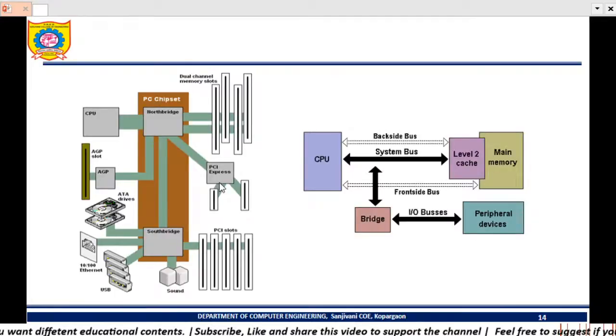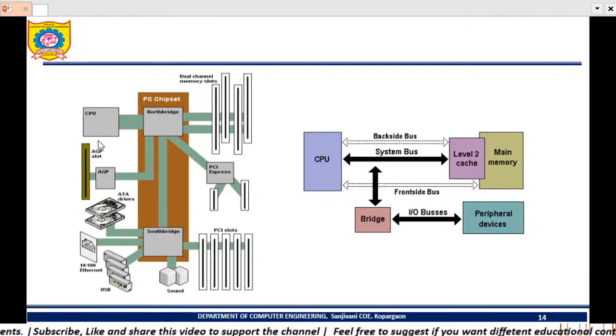Okay, PCI Express slots, which help your graphic card, which becomes an internal memory when it is connected. Okay, AGP slots, again a graphic slot only, which is handled by the Northbridge, and the connection goes to the CPU. So the Southbridge also sends its signals to the Northbridge only.